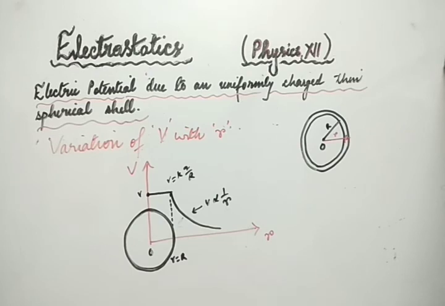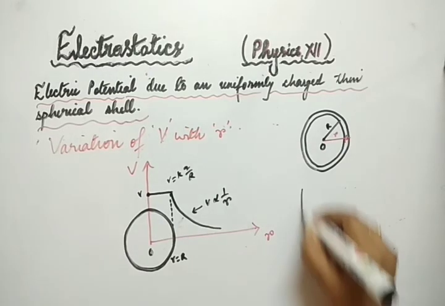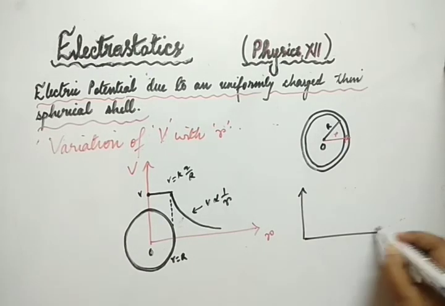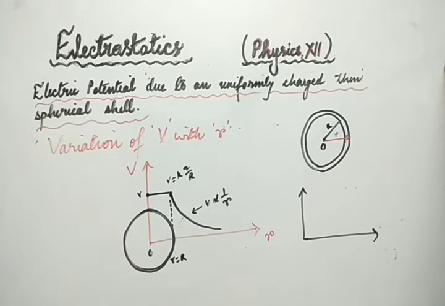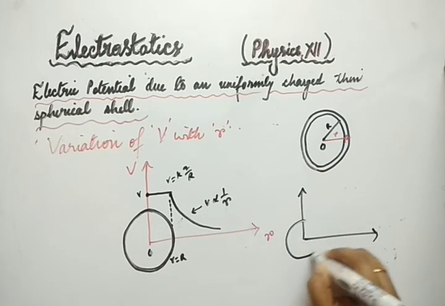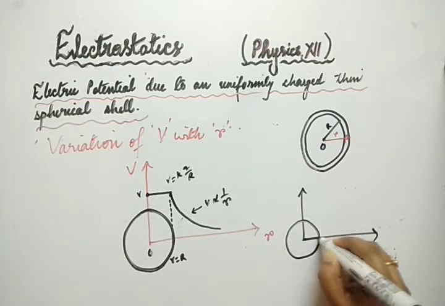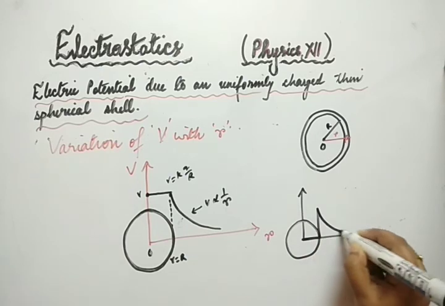In the case where we found out the electric field due to a uniformly charged thin spherical shell, we had seen that if this is the shell, your electric field varies in this manner.